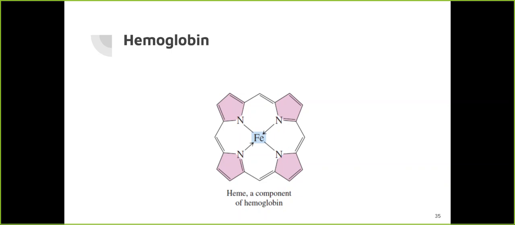A very important one is hemoglobin. We'll look at this again when we get more into biochemistry, but you have these heterocyclic amines set at the very top of this large molecule, and you have an iron ion that sits in the middle of all of these, and an oxygen comes in and is attached to this iron, and that's how the oxygen is carried through your blood to oxygenate your body.